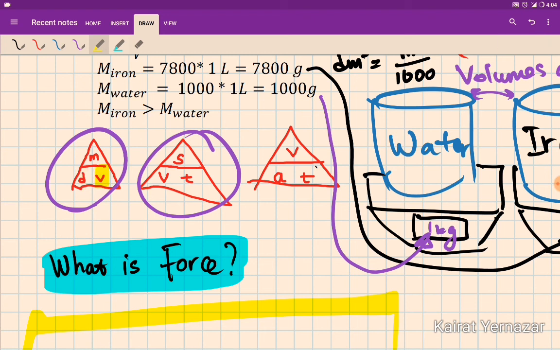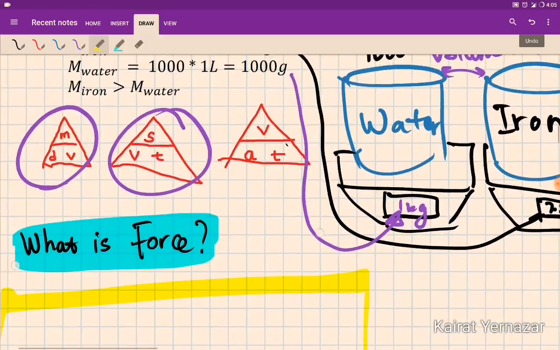If we cover up volume, then volume equals mass over density. In similar fashion, you cover any part of the triangle and you can find out what that value is equal to. For example, distance equals velocity multiplied by time. Velocity equals distance divided by time. Time equals distance divided by velocity. And so on and so forth. Velocity equals acceleration multiplied by time, and acceleration equals velocity divided by time.